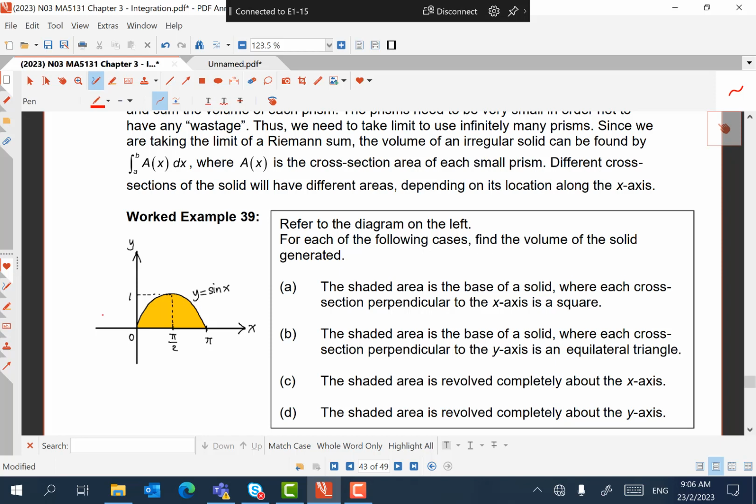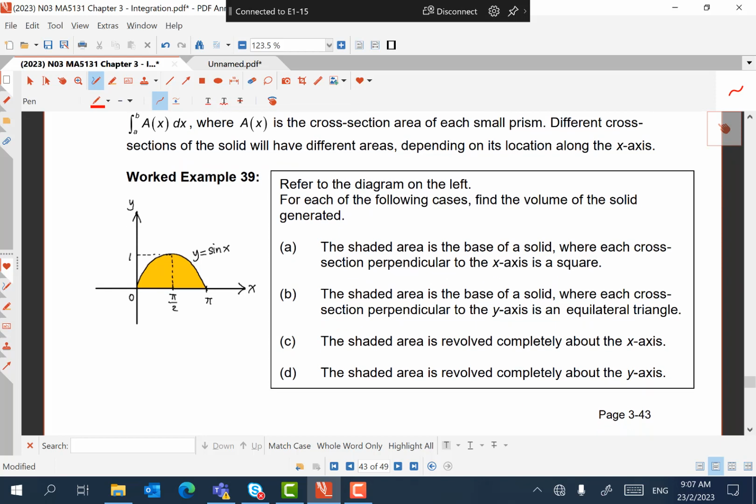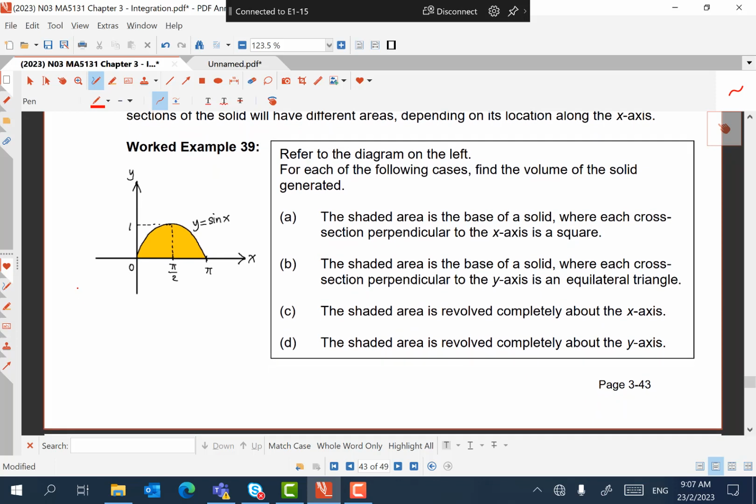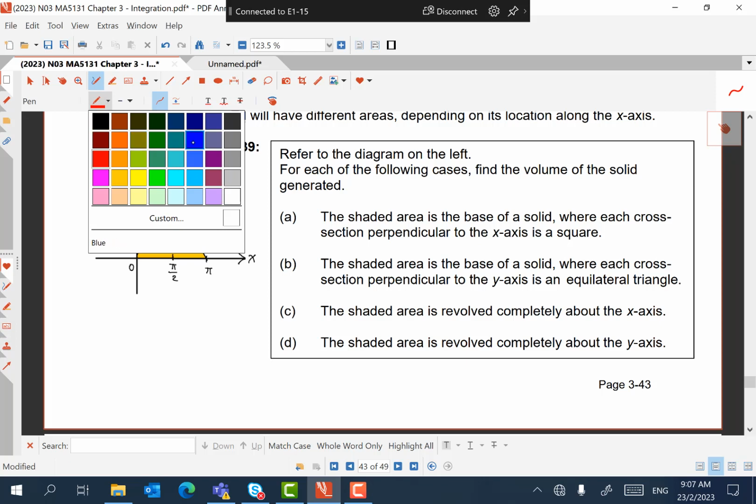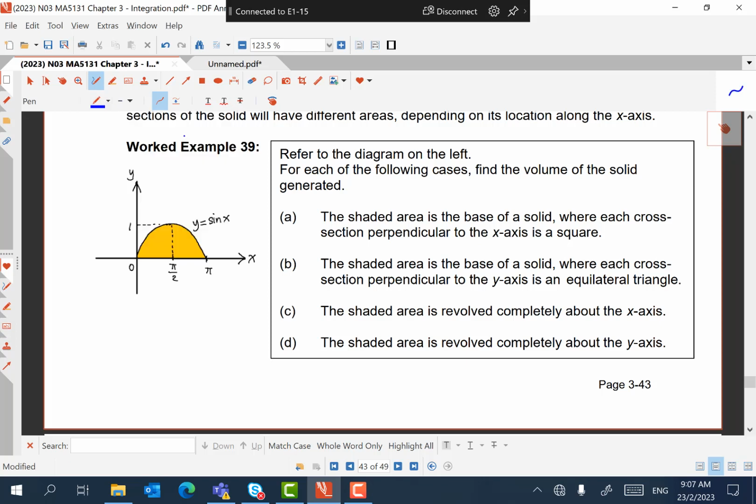Okay, example 39. This one is very interesting, where each cross section is a square. Even though you might already know this, I want to go through the way to do this kind of question efficiently. I was told you learned it from Mr. Teo, your math teacher, last year, and you all learned it well.